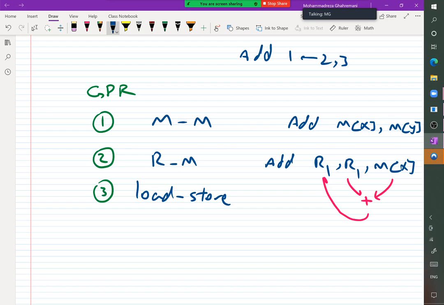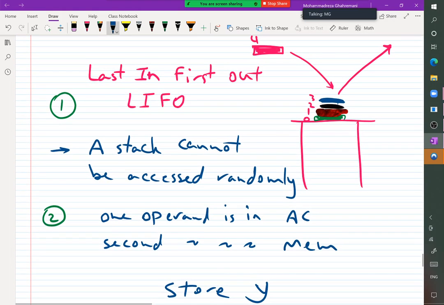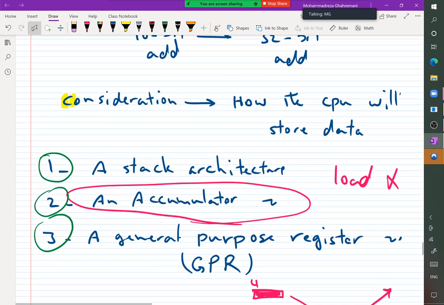Now we are going to discuss each of these architectures in detail. We have three architectures: a stack architecture, accumulator architecture, and general purpose register architecture.